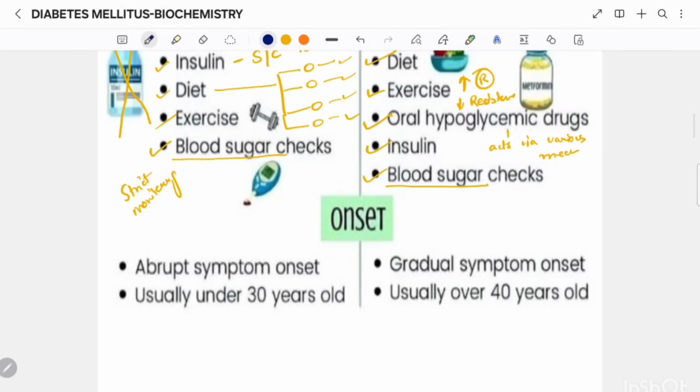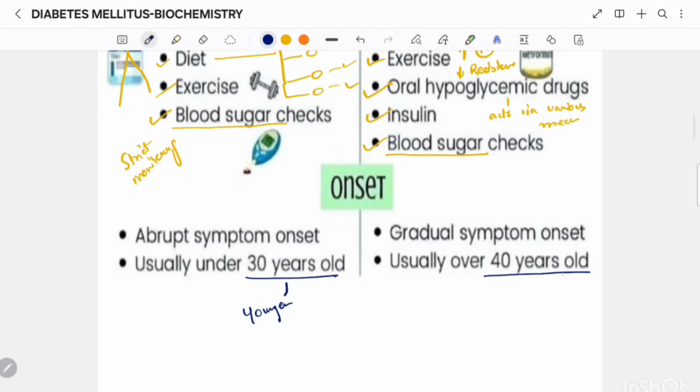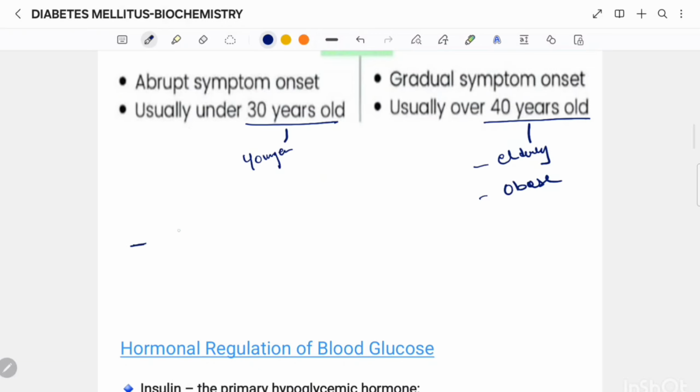Previously, it was said that type 1 is related to the younger age group, and type 2 is related to the elderly age group and obesity. But in recent years, it is seen that both type 1 and type 2 can occur in any age group.